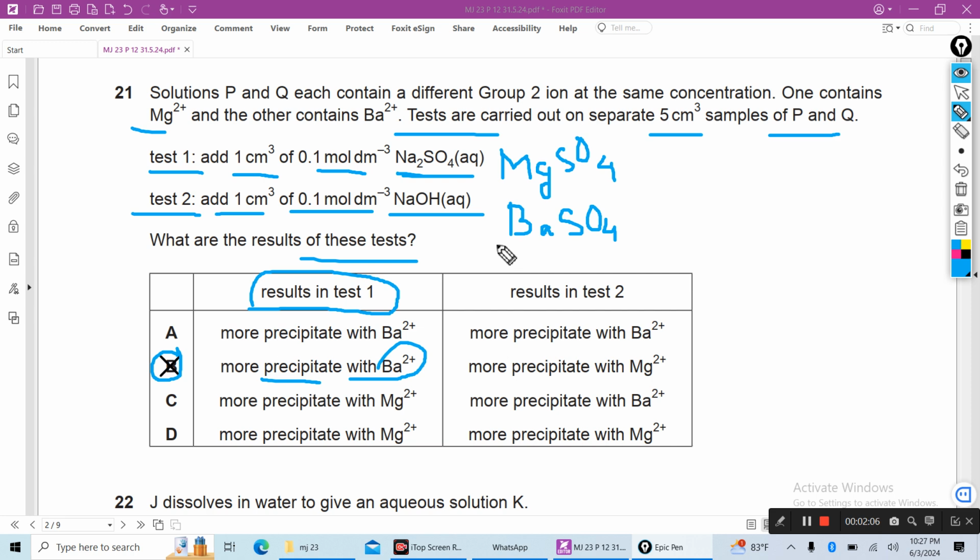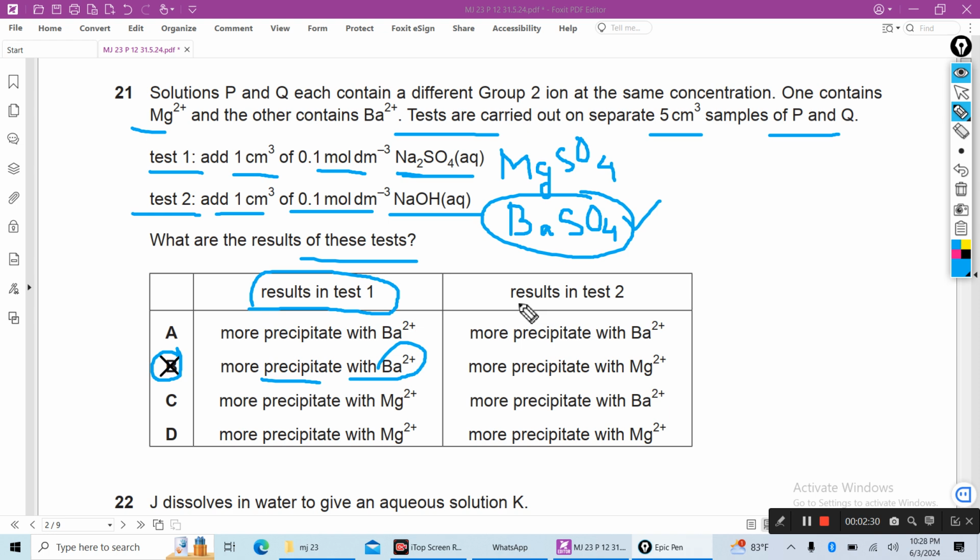And you know, group 2 sulfate solubility decreases down the group, so more barium sulfate will be produced. Why? Because barium sulfate is less soluble. Barium sulfate is less soluble, so this precipitate will be more.